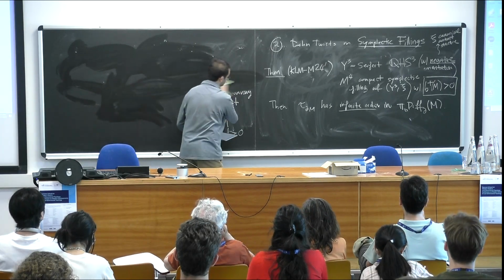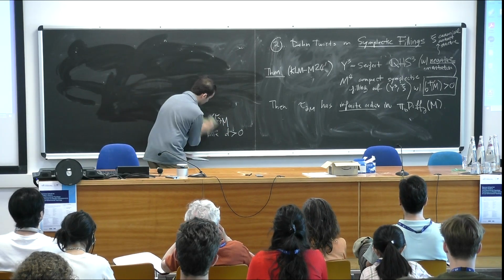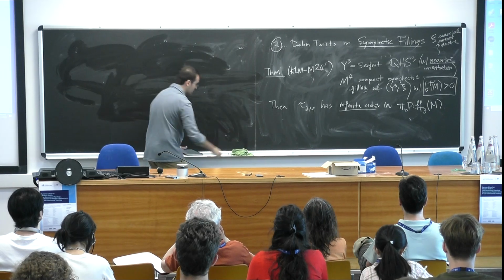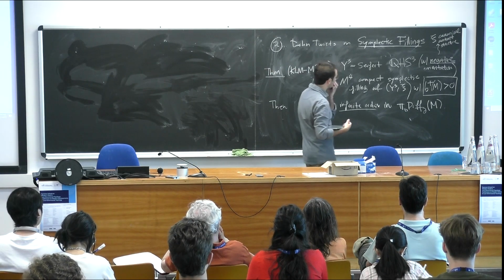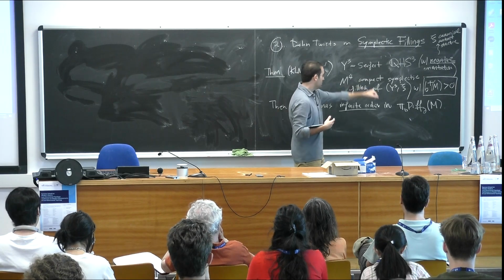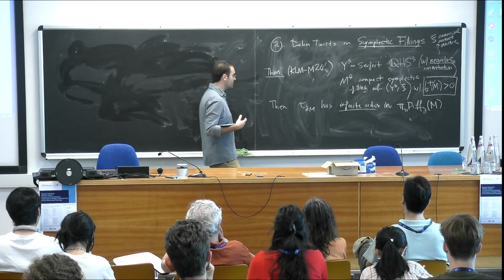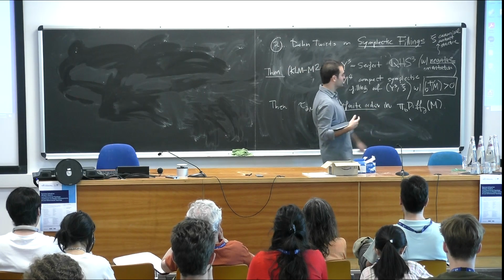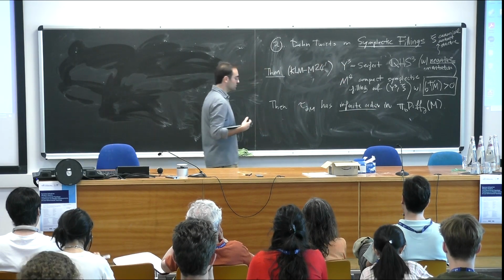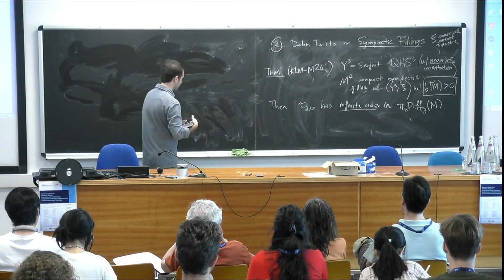There's this very general situation where if you want to study the boundary Dehn twist, as long as you have a symplectic structure and the filling has positive b+, then the boundary Dehn twist will always be non-trivial, of infinite order.